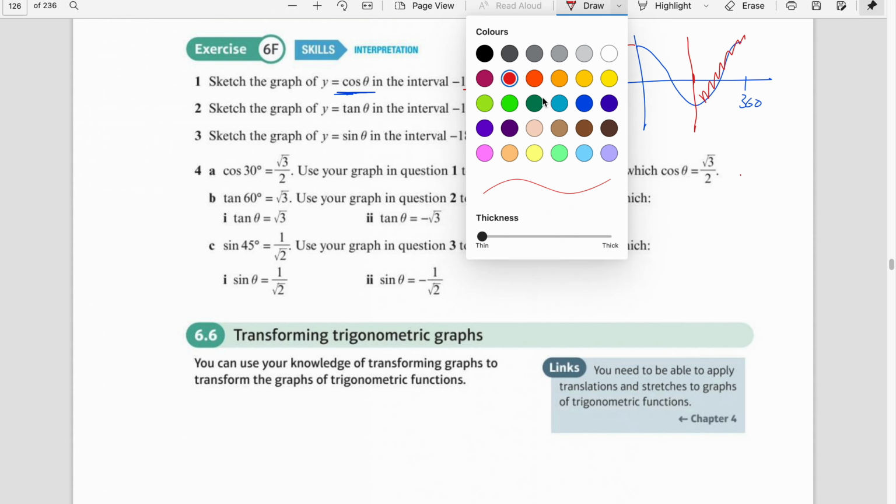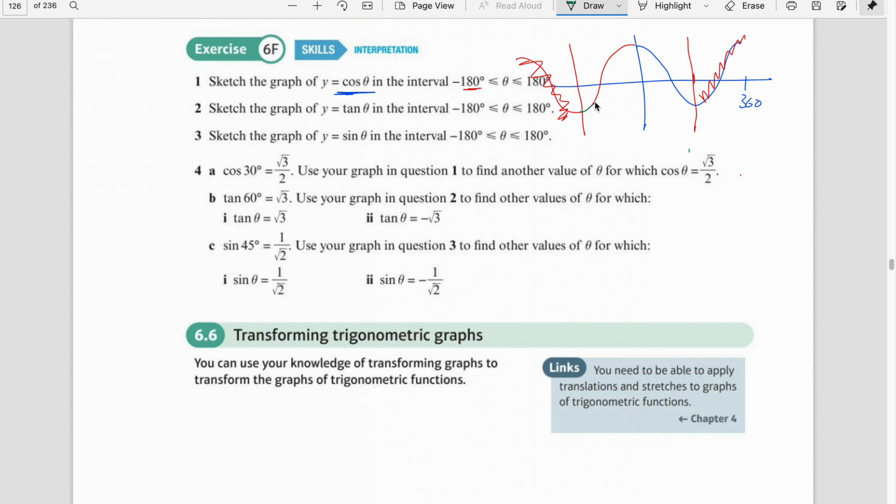So my final graph would be this one in green, which ends at minus 180, and on this side ends at 180. This is 0. This highest point is 1, because this is cos theta. The amplitude is 1, and this point is minus 1.